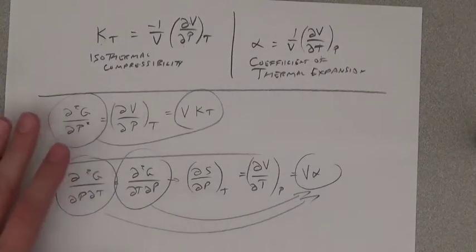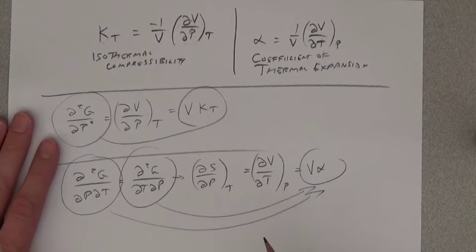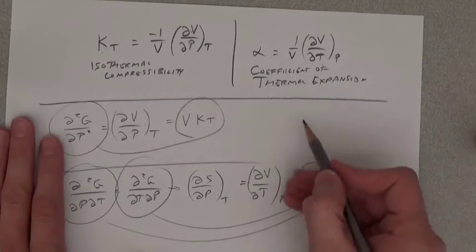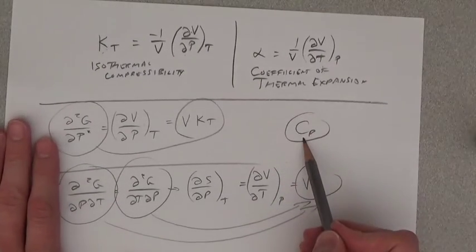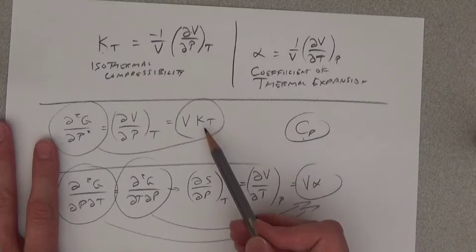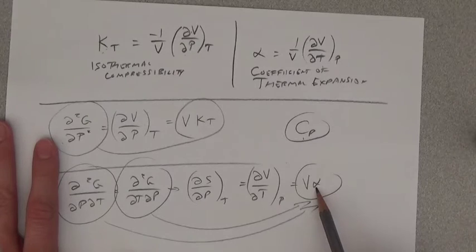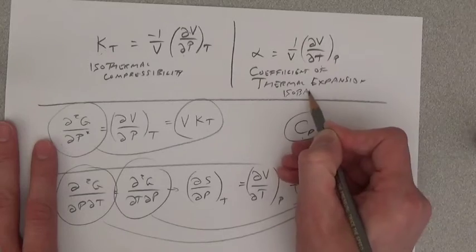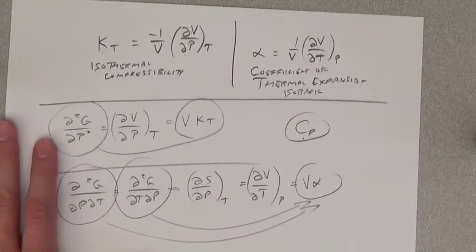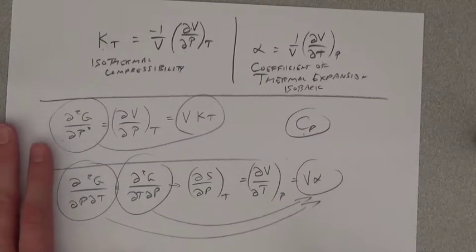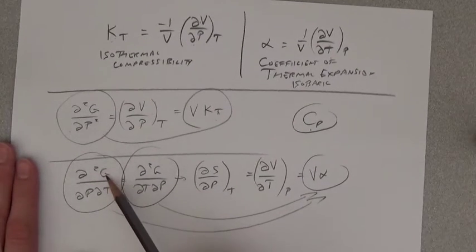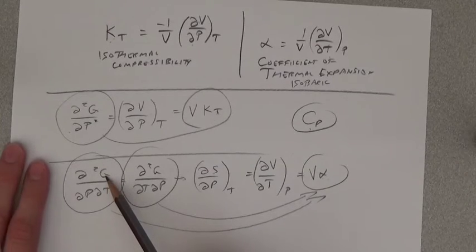The real consequence is that because we can measure the heat capacity at constant pressure, or the compressibility at constant temperature, or the thermal expansion at constant pressure, once we know these, we can integrate to determine the thermodynamic potentials.